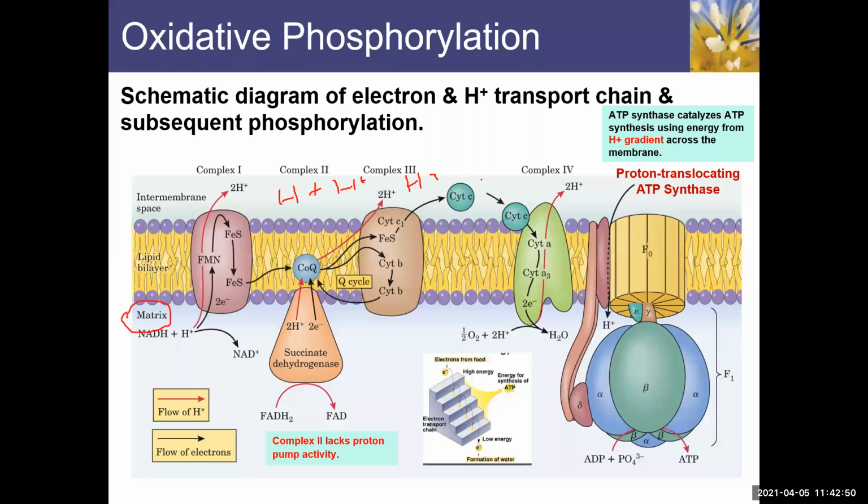Protons which are present in plenty in the intermembrane space, as per this theory, are going to re-enter. As you can see here, this is the channel through which the protons can re-enter. Where will they re-enter? From the intermembrane space, the protons will re-enter.